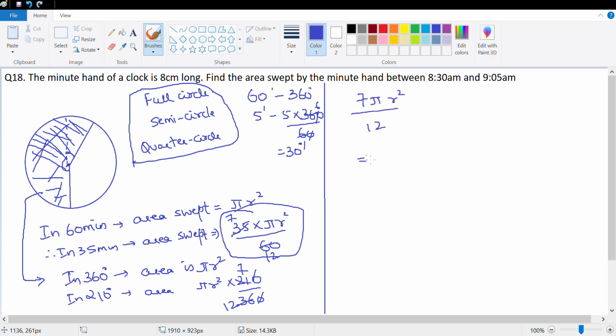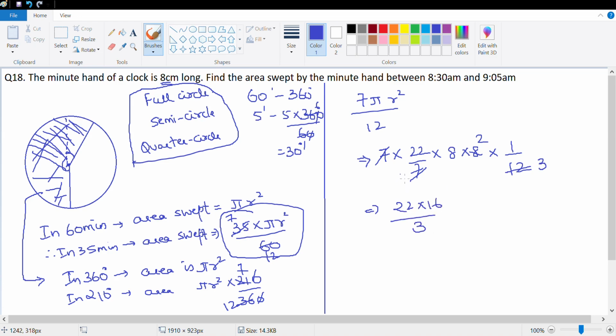Let's just calculate. It would be 7 into 22 upon 7 into r. R is given as 8 centimeter. So 8 into 8, everything divided by 12. 7 and 7 gets cancelled. 4 into 2, 4 into 3. So this is 22 into 16 upon 3.